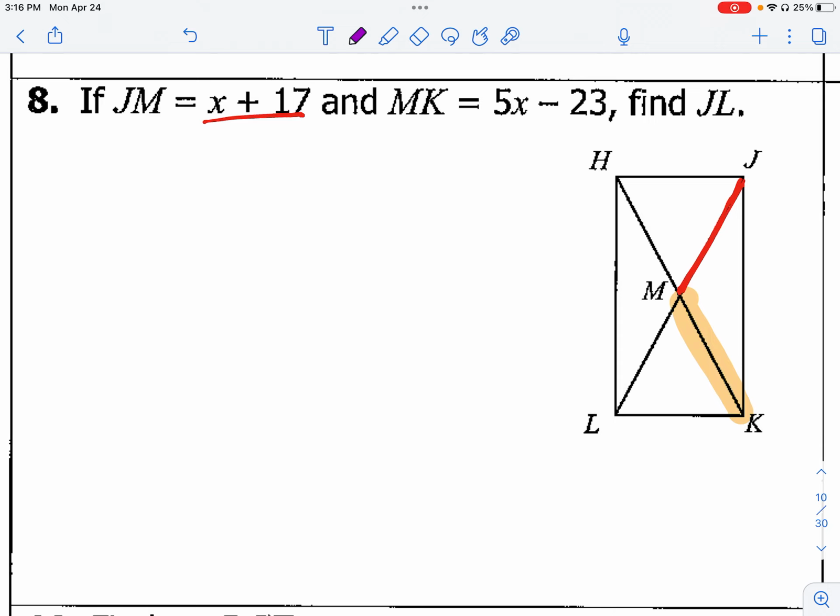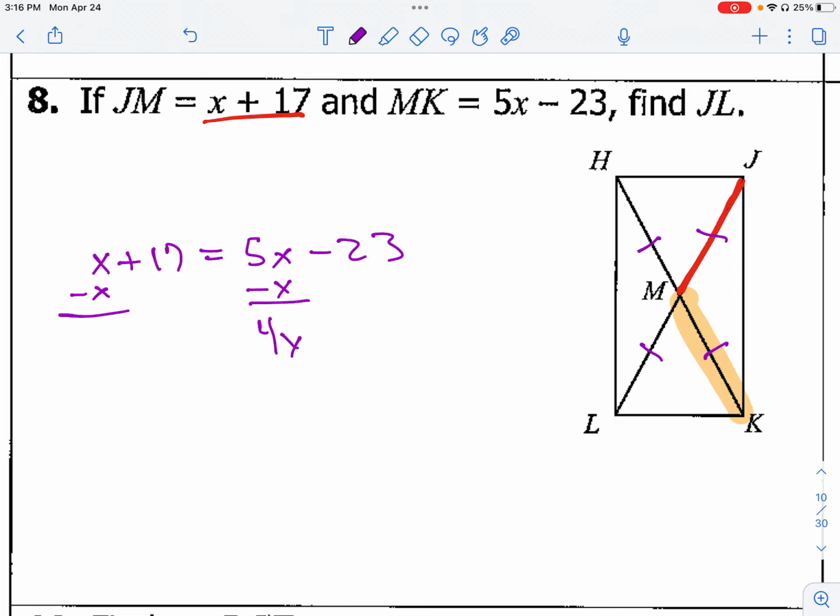So half and half, and because we know all these are equal, x plus 17 equals 5x minus 23. Get the x by itself. Get the x on one side, then we get the x by itself.